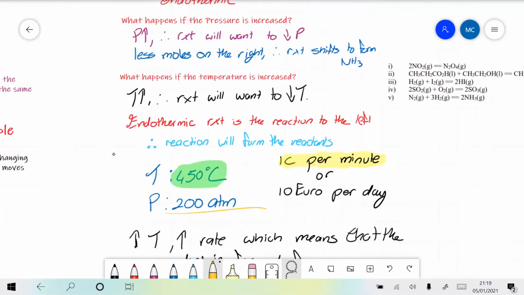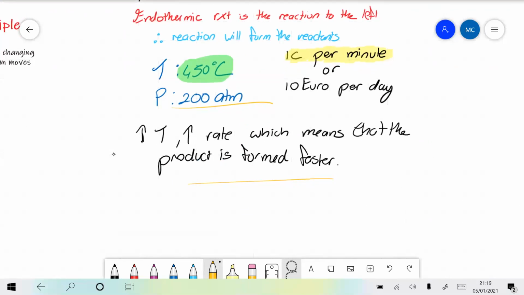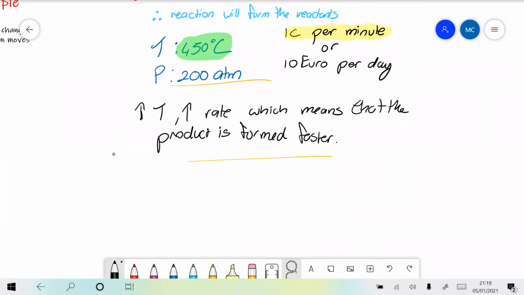Now, a quick question connecting what we're doing today in Le Chatelier's principle and equilibria to what we had done in Gibbs free energy. So let's write the reaction again.